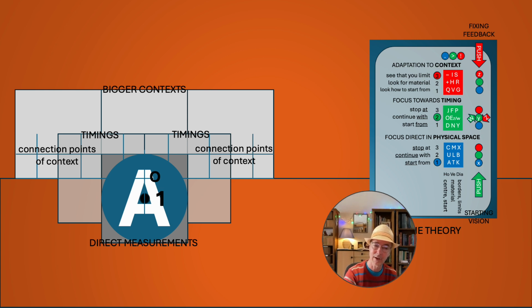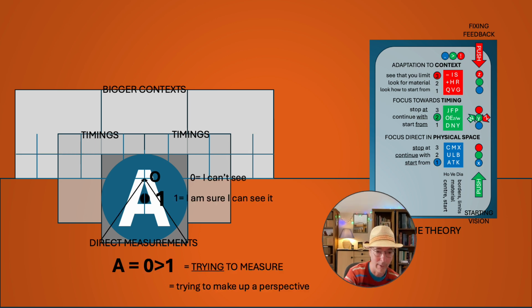But the A is forming towards a definition of one, because we're still not sure how far shall we be able to see, how far can we go with it. So it is going towards that number one. It is making a definition while it's going. So it's a different perspective than the letter T, which is exactly number one.